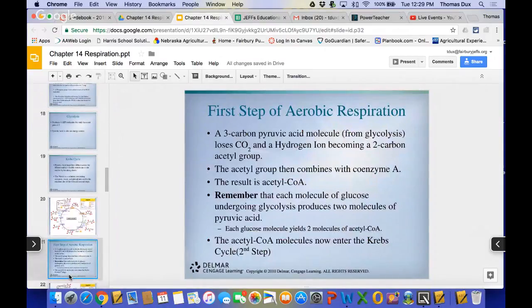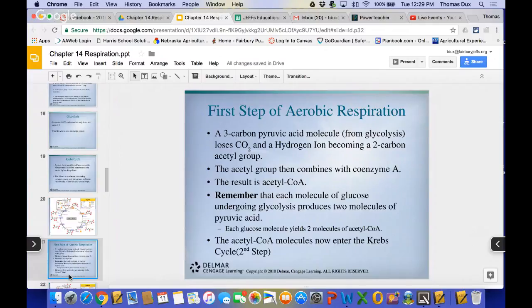Next slide here, the first part of the Krebs cycle. We have a 3-carbon molecule of pyruvic acid, which was from glycolysis. That 3-carbon pyruvic acid molecule loses a carbon dioxide and a hydrogen ion and becomes a 2-carbon acetyl group.